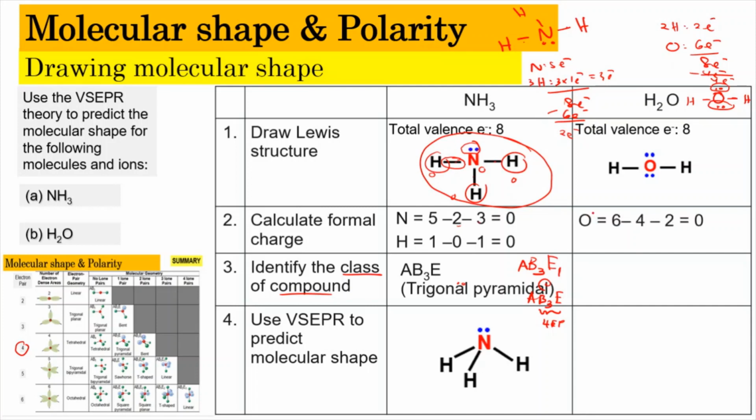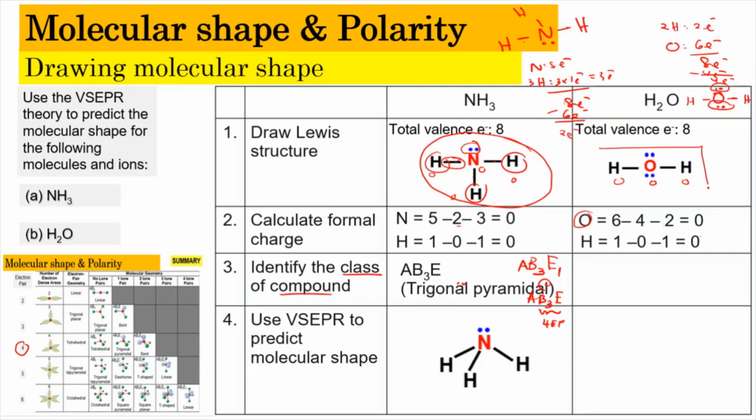The formal charge of oxygen is going to be the valence electron of oxygen, which is 6, minus 1, 2, 3, 4 lone pair electrons, minus 1 and 2 bonding pair. So the charge of oxygen is going to be 0. And then for hydrogen, 1 minus 0 minus 1, so it's going to be 0 here. So you know that the structure is stable.